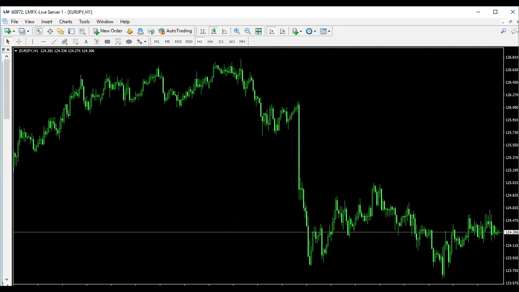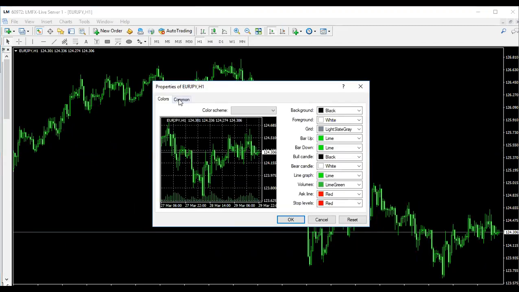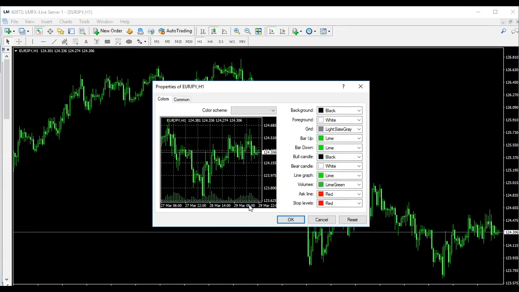Then you want to right click again and go to properties. We're going to go to common, hit show ask line. Then we're going to go to colors, and this is where your personality comes in. You don't have to do it exactly like mine. I just do it this way because it's easier on my eyes and easier for me to read.